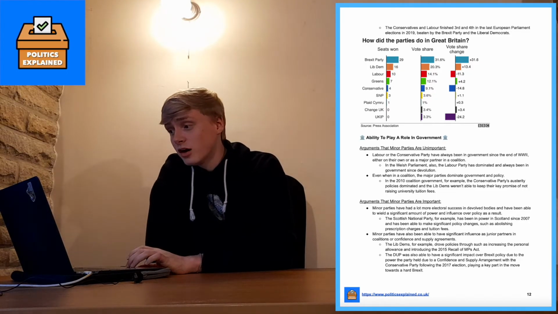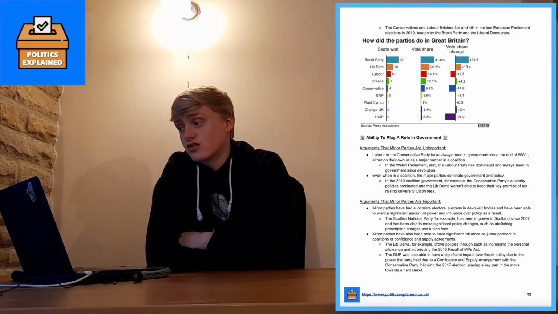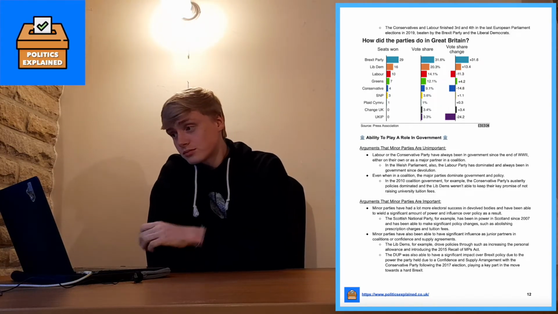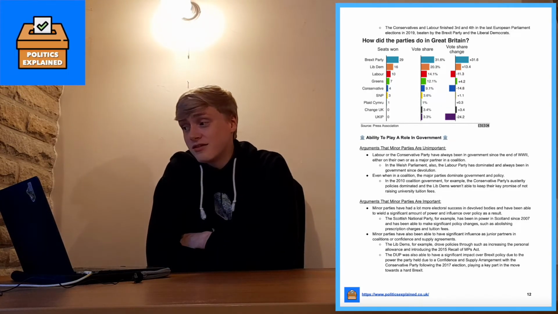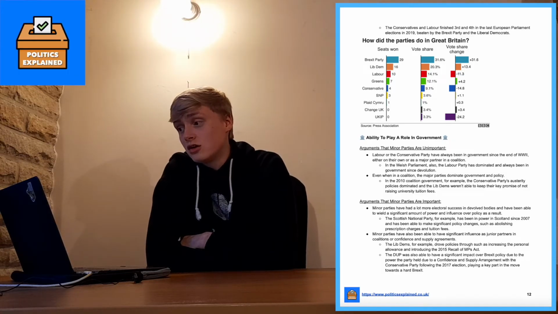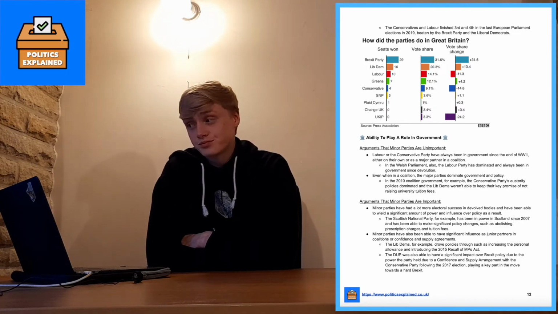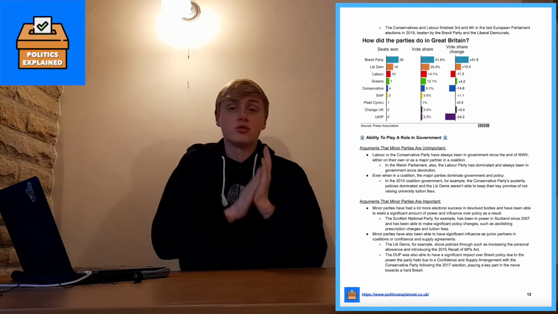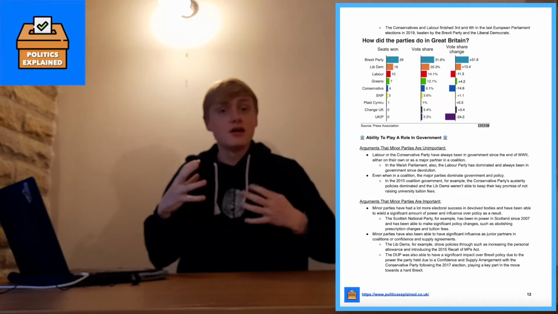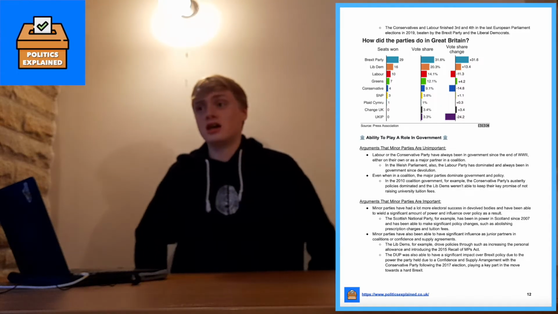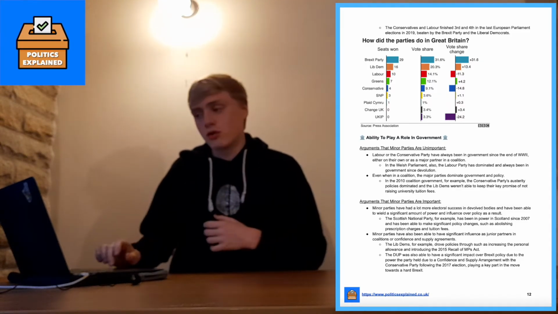So the Lib Dems, for example, drove policies through such as increasing the personal allowance and introducing the 2015 Recall of MPs Act when in coalition with the Conservatives. And the DUP was able to have a significant impact over Brexit policy due to the power the party held due to a confidence and supply agreement with the Conservative Party following the 2017 election, playing a key part in the move towards a hard Brexit. So in that regard, minor parties can be argued to have significant influence in government and the ability to play a role in government.